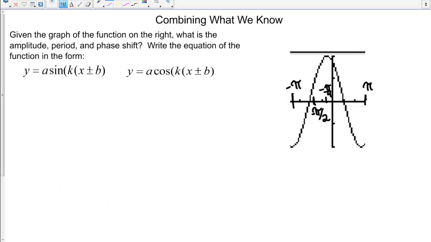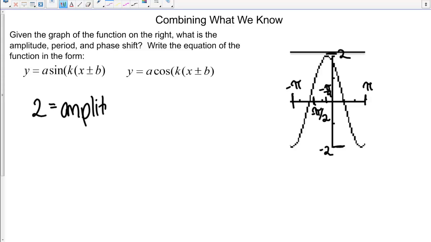So now let's combine what we know. We're given the graph of our function to the right, and we want to find the amplitude, period, and phase shift. So first of all, our amplitude, we're going from negative 2 to 2. So that means that our amplitude is 2.